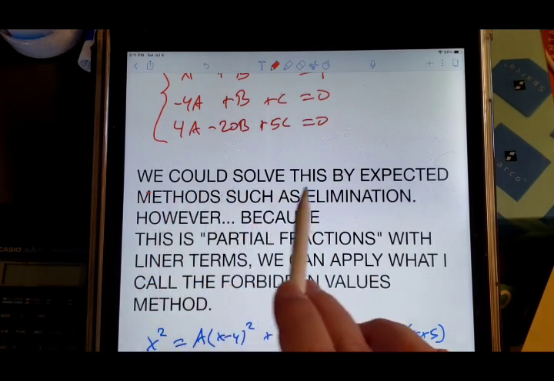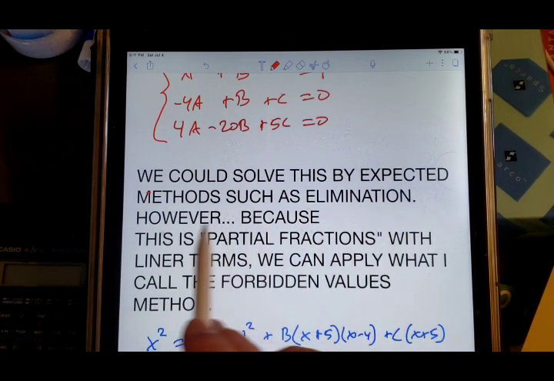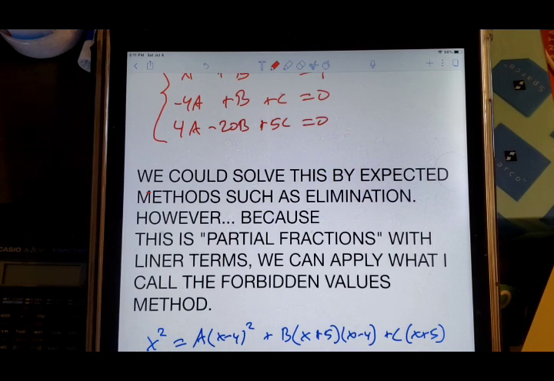Now, we could solve this by expected methods such as the elimination method. However, because of where this came from, because this is partial fractions and we have linear terms, which are the only ones we're going to have in this class, we can apply what I call the forbidden values method. I don't know what other name it has. I'm sure not too many people call it that.